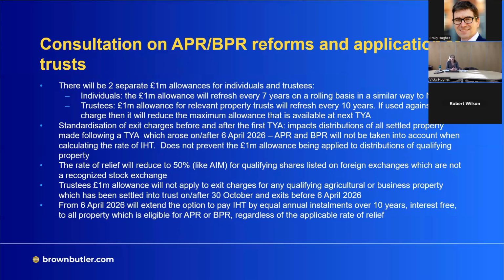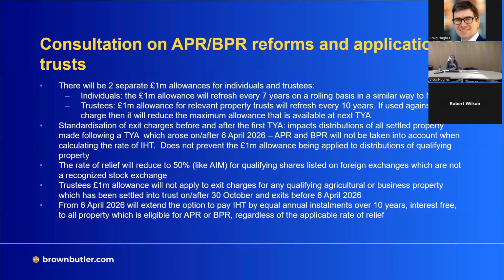Now, there are some technical differences between how an exit charge works if it happens before the first 10-year anniversary or after a 10-year anniversary. And basically what they're saying is that where there's agricultural property relief and business property relief as part of the calculation, it won't actually be taken into account when calculating the rate of inheritance tax on exits after the 6th of April 2026.